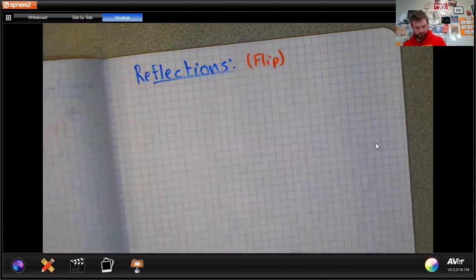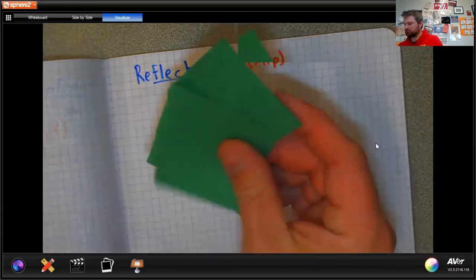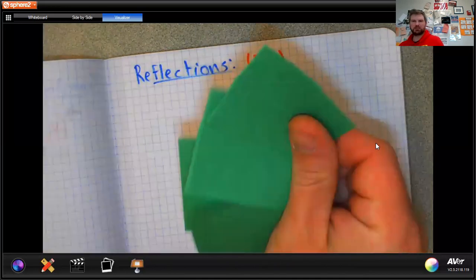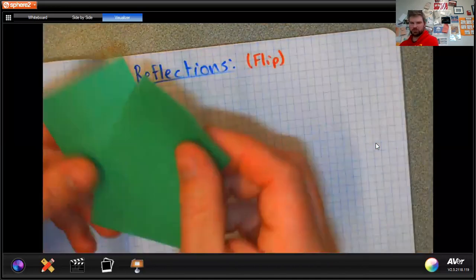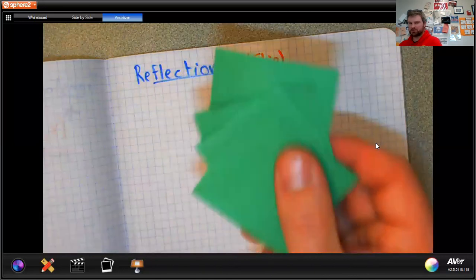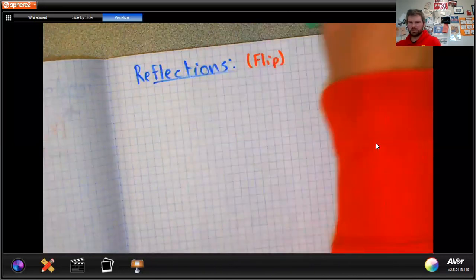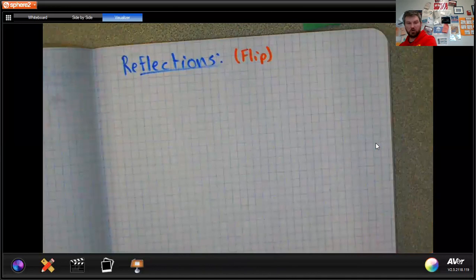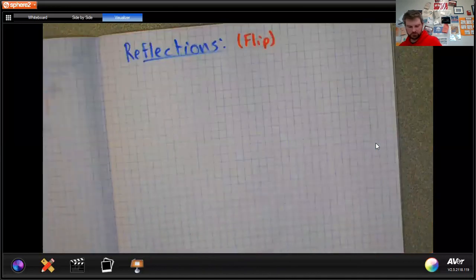Okay, so if you've got some pieces of paper, last time I used a Post-it, this time I've got some construction paper. So if you have something like that, we're going to be using that here in just a second. If you want to pause and grab that, you can definitely do so.